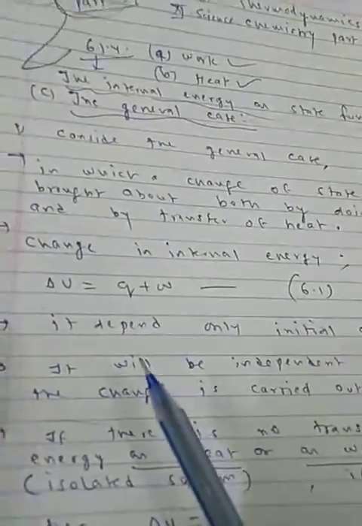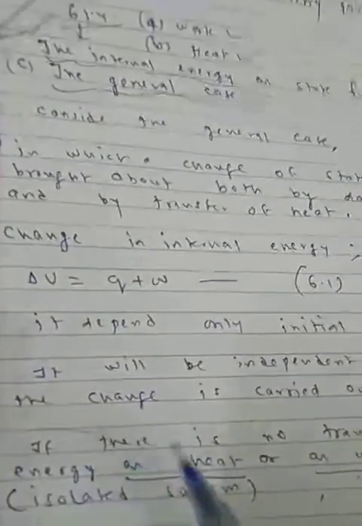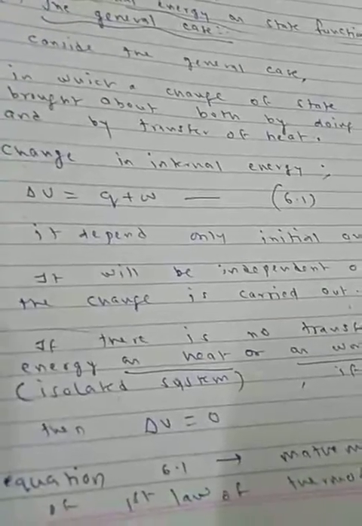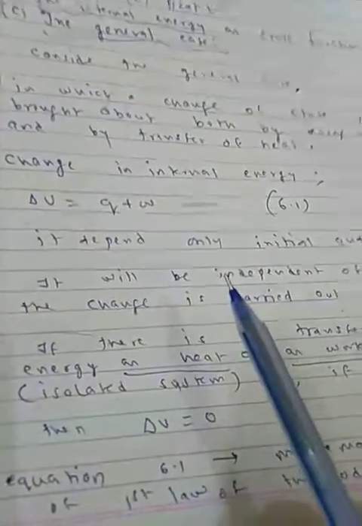Now it depends only on initial and final state. It will be independent of the way the change is carried out. I taught you whether it can be electrically, mechanically or whatever, the way we are not following.